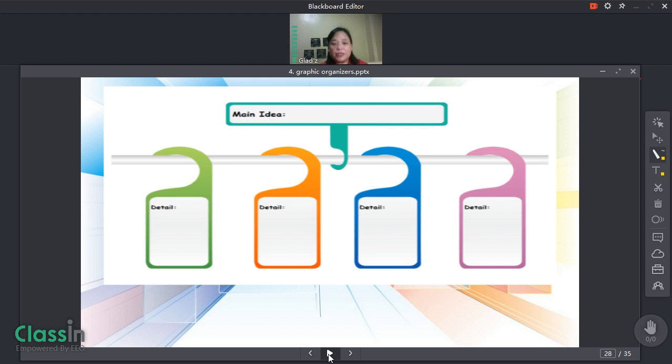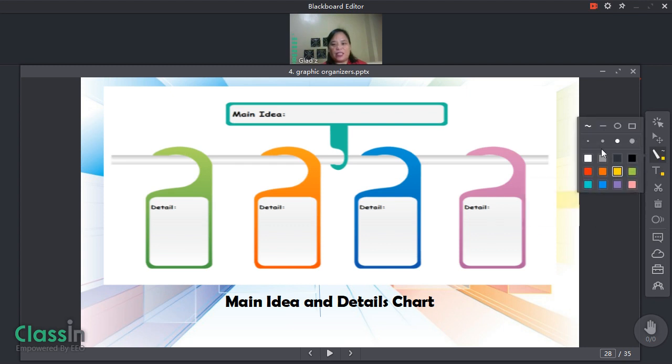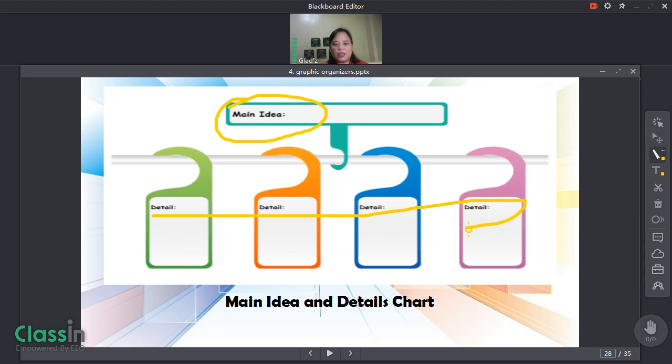It's given already. You can identify it because you have the clue there. So this is a main idea and details chart. Like what I said, it's given already: a main idea, and these are the details of the main idea.